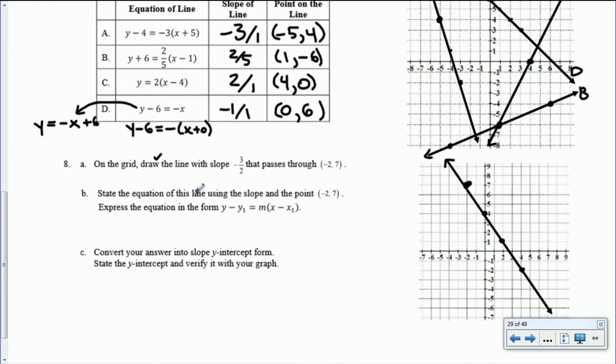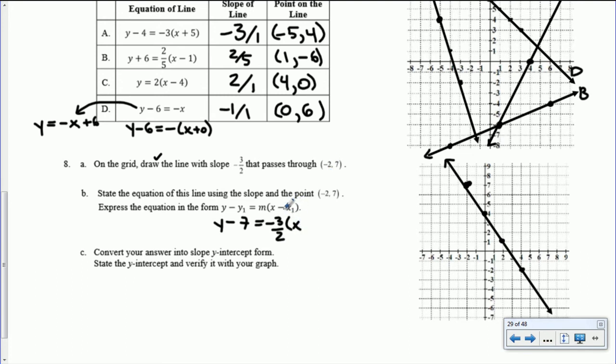State the equation of this line using the slope and the point (-2, 7). So express the equation in this form. So I will go y subtract, my y-coordinate is 7, my slope is -3/2, and my x-coordinate is -2, so I go x subtract -2, right?